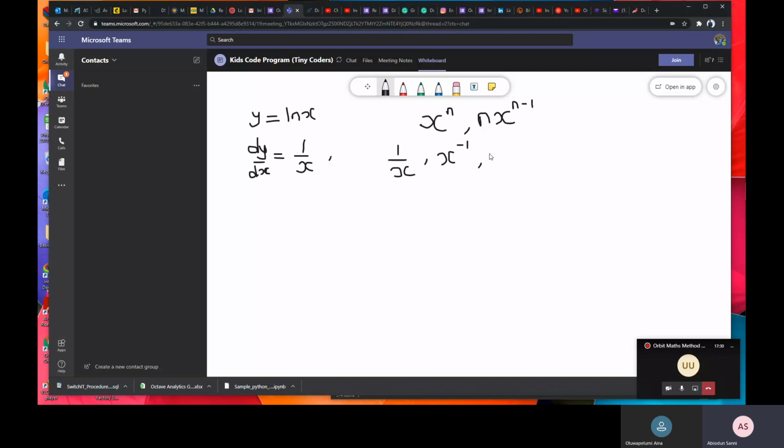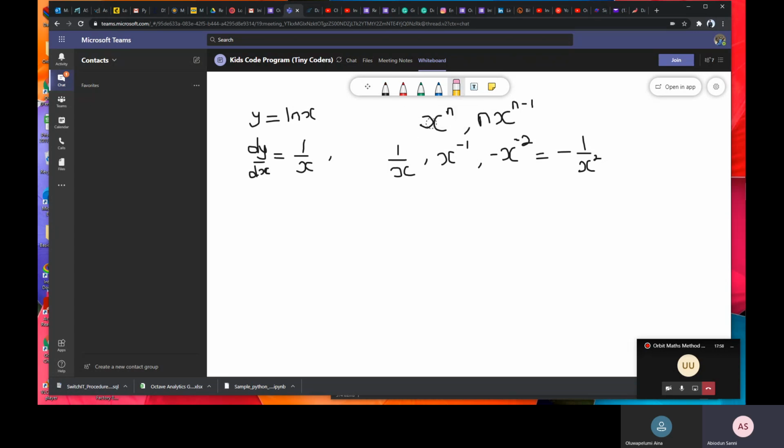So minus 1 times x to the power minus 1 minus 1 is minus 2. So this is now minus x to the power minus 2, which is minus 1 over x squared. So the second derivative of this will be minus 1 over x squared.